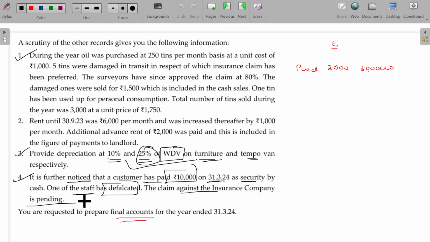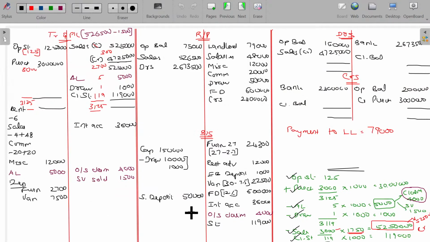So here you see, security deposit 50,000. On investigation, we found that one more person has paid another 10,000 rupees as security deposit. Now the security deposit is 60,000 rupees. If it is being the receipts, it should be posted in the receipt side. No, but the received amount is now in the hands of the cashier, who absconded. Then no other way, it's treated as loss, can be debited to the P&L account as defalcation expenses.